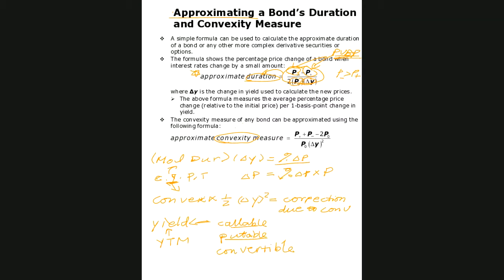The change in yield, delta y, is the change in yield used to calculate the new prices. If you want to approximate convexity, that is a little bit different. It basically is a second order. So you're going to have a 2 here, and P plus, P minus, 2 times the initial price. This 2 factor is very important. Divide by the P again.